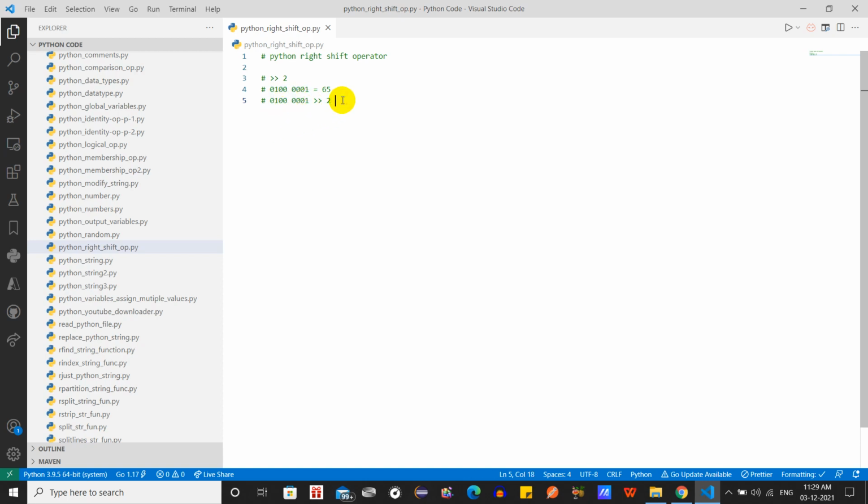After moving the bits towards the right, it returns 0 0 first, then 0 1, and the last 2 zeros come out here.